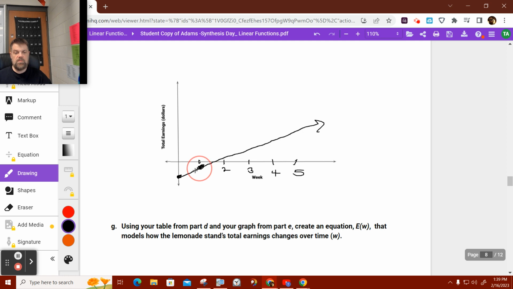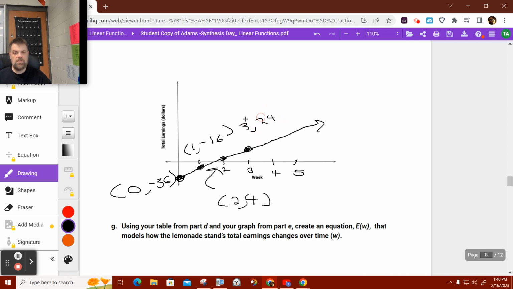And so this point here would be 0, comma, negative 36. This would be 1, comma, negative 16. This point right here would be 2, comma, 4. This point right here would be 3, comma, 24.